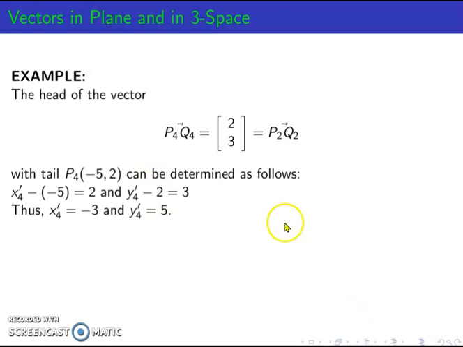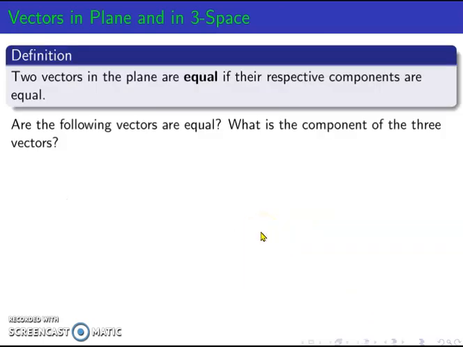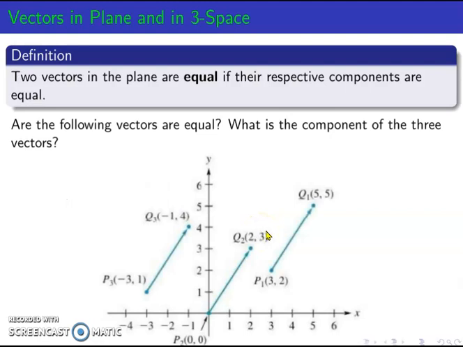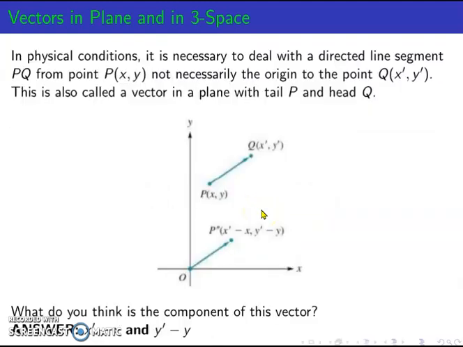As you recall, the components of a vector have this formula: x prime minus x and y prime minus y. To compute the x component, first take the x coordinate of the head, minus the x coordinate of the tail.